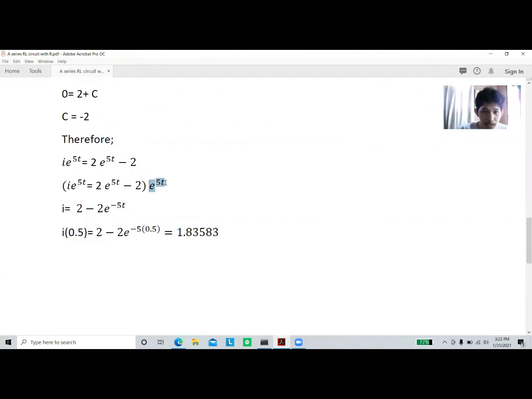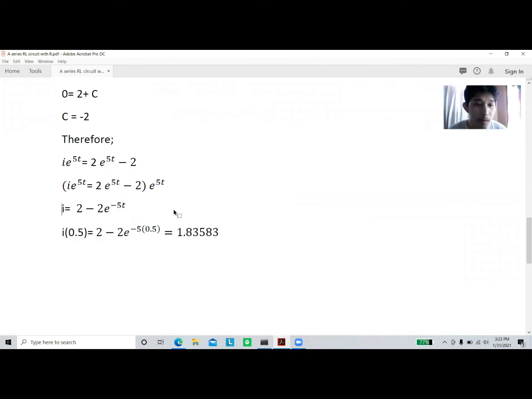So this one should be negative 5t. This one will be cancelled, and this one as well. If you multiply 2 by e raised to negative 5t, it becomes 2e raised to negative 5t. So the equation for the current at time t is I equals 2 minus 2e raised to negative 5t.